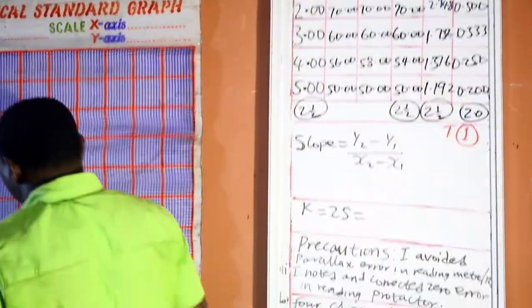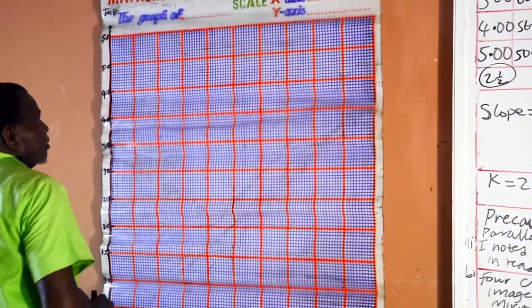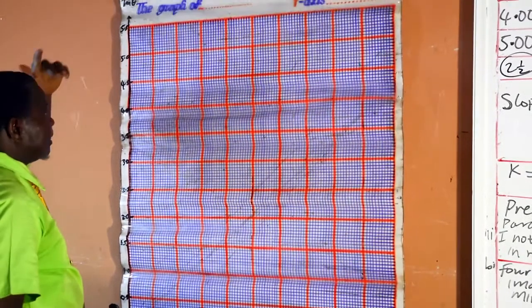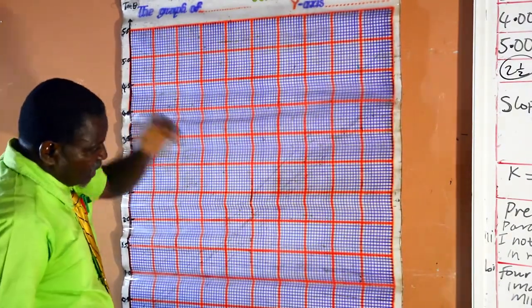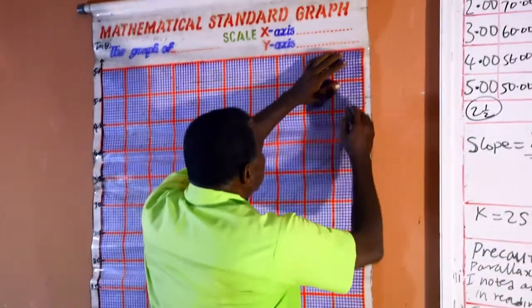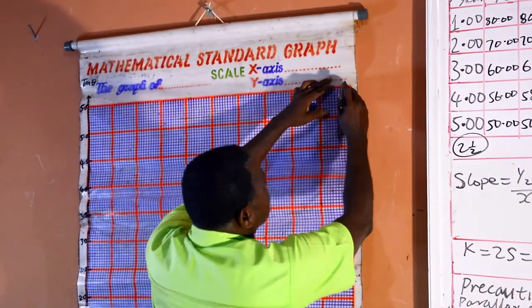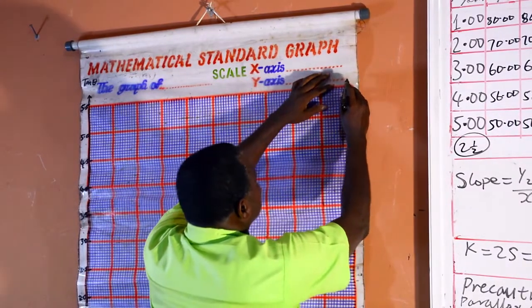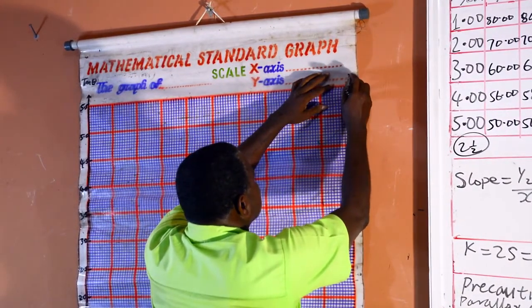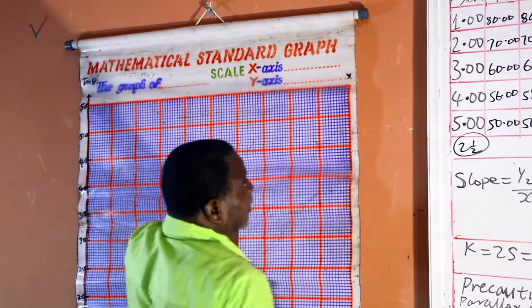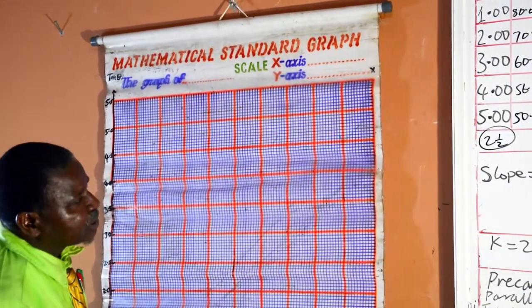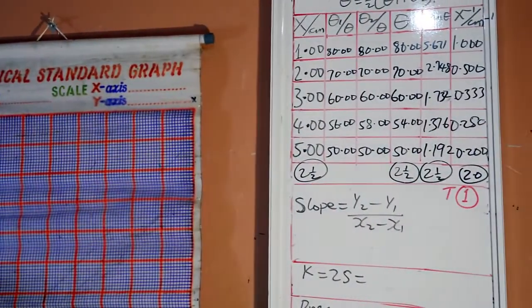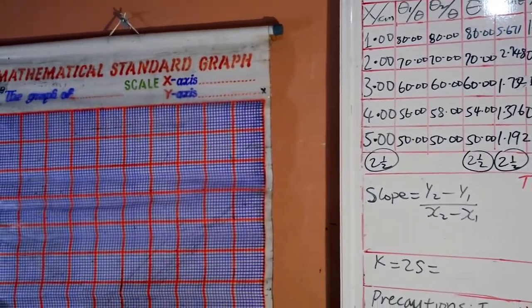5.67 against 1. This is 5.5. 5.67 will be on top of this one. This is 1. So 5.67 will be around here. 2.75 against 0.5. This is 2.5.